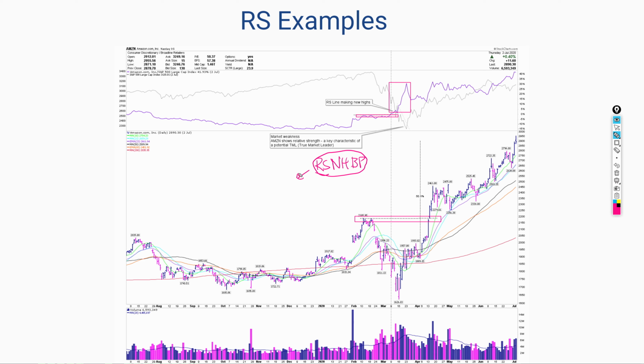This is mostly useful in corrective markets where the indexes are in correction or under pressure, or when the market is below the bolded pivot level, which is our market edge. You could also use the IBD definition of corrective markets, if you're aware of it. So let's move on to the next chart.